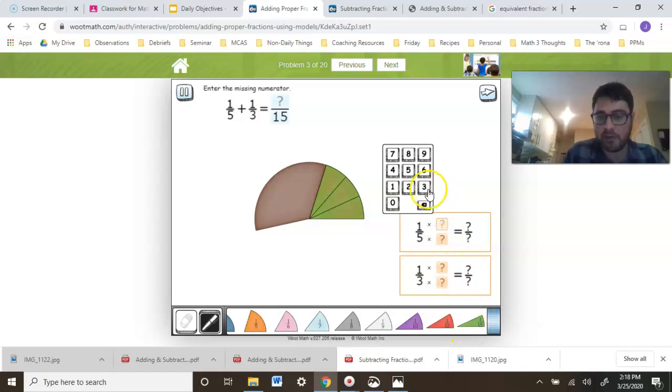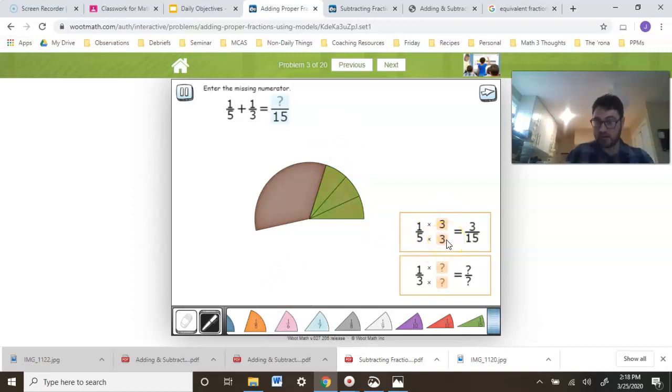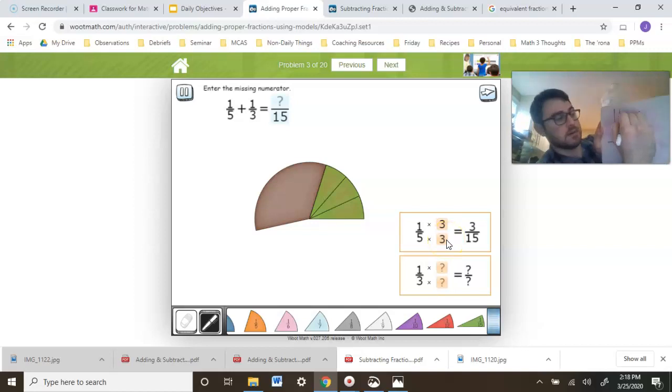Over here now, I would write times 3 times 3 because I've replaced 1/5 with 3/15. So I multiplied that by 3. And here, what I would write to organize myself is 1/5 times 3/3. And as they have written right here, I would write here 3/15.